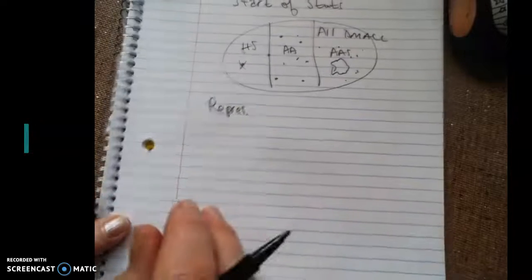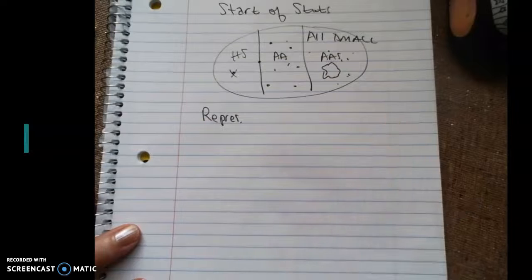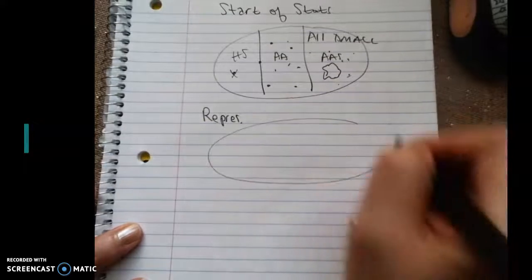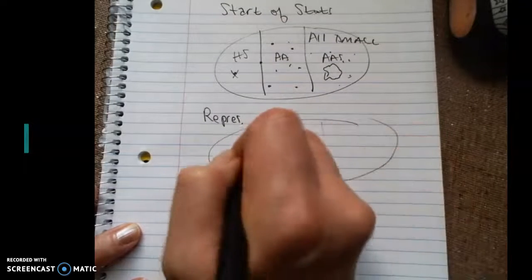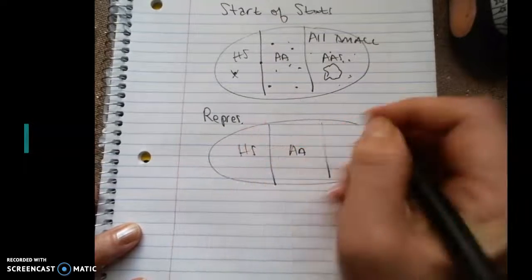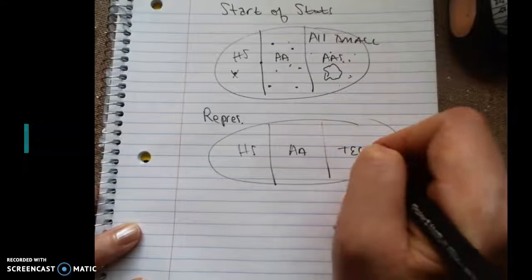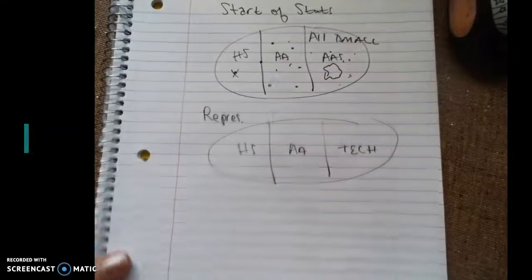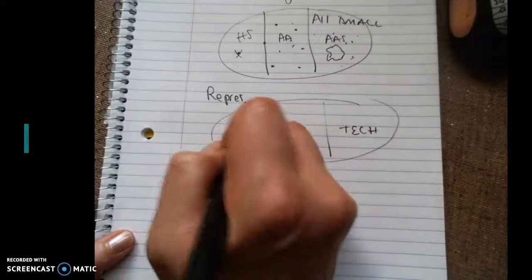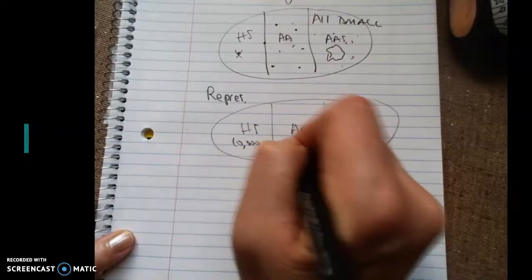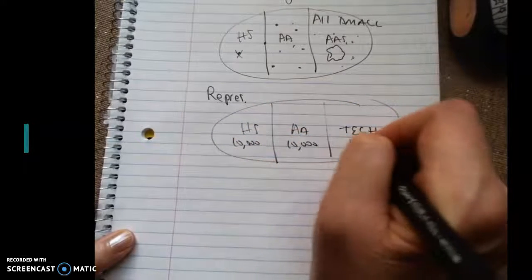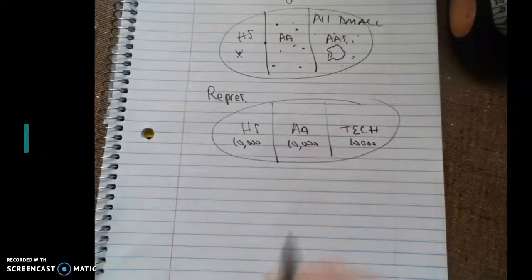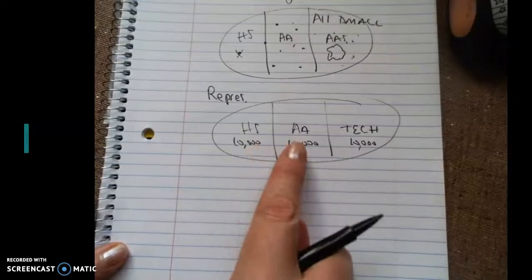The way we do this is we look at the population. Say with DMAC, it's cut into thirds: high school is a third, AA degrees, and then maybe tech is a third of our population, okay? Say we have 10,000 here, 10,000 here, and 10,000 here. Then what we would do is look at the percentages, okay? Say we want a random sample of 100 people.